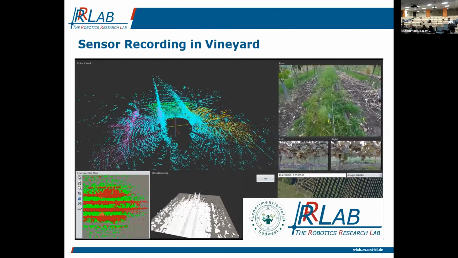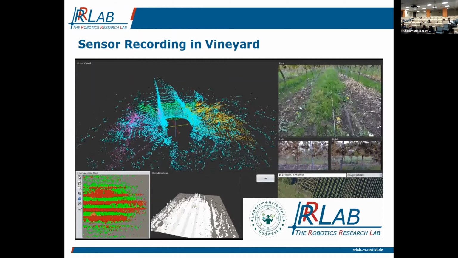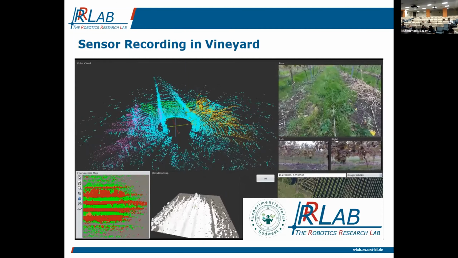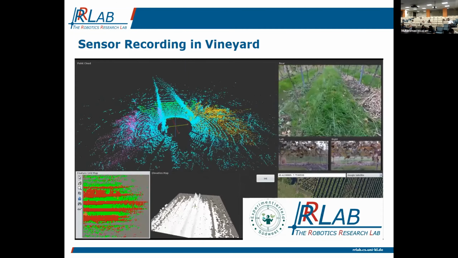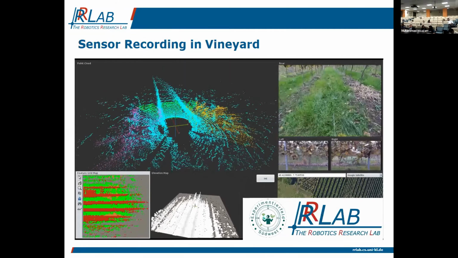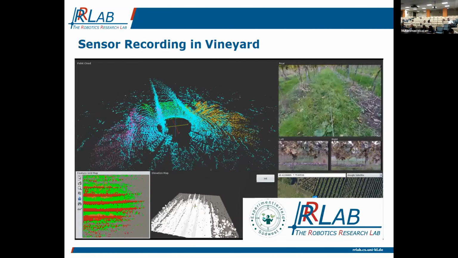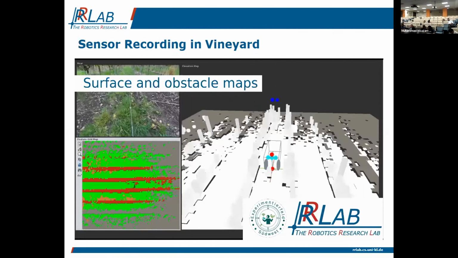And here on the left side you see a bitmap where the rows, where the lines of wine are planted, are in red, and the green parts are where the robot is able to drive. And here you also have a model of the robot.